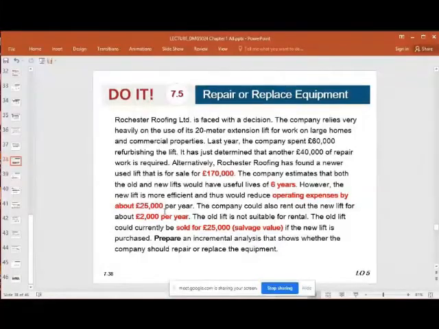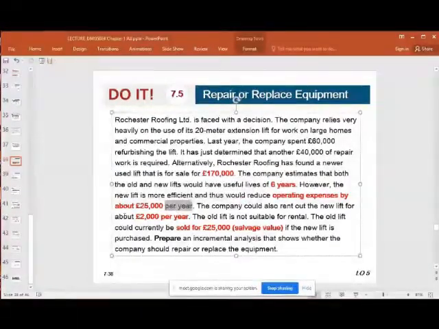That means if you are using the old lift, you need to pay this 25,000. You cannot save it because it is not efficient. So you have to incur this 25,000. But if you buy the new lift, then yes, you can save. You don't need to pay this 25,000. So 25,000 is per year.